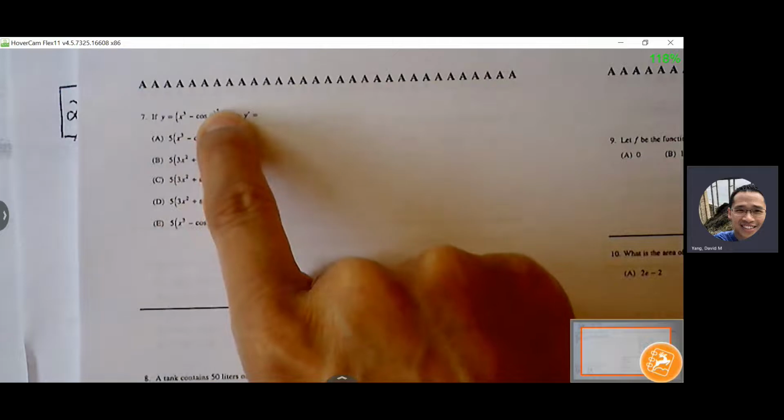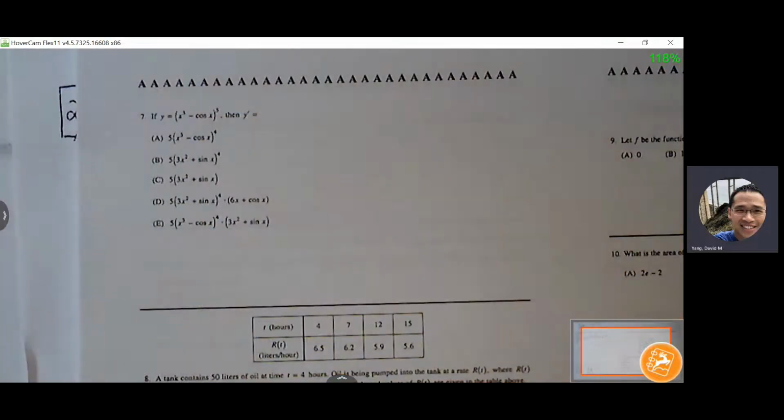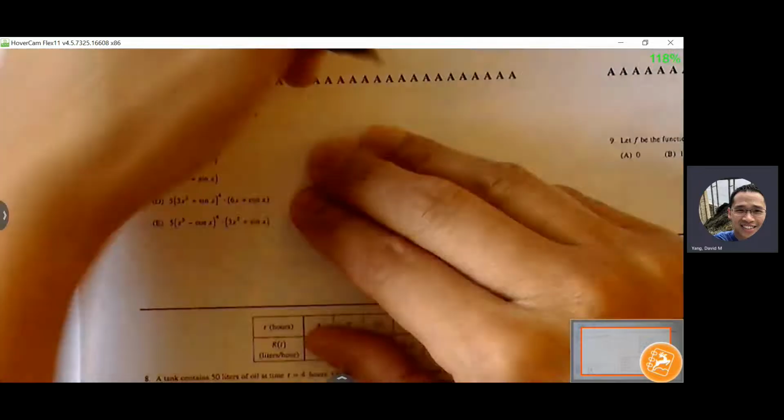Okay, we got a function within a function. I'd prefer not to multiply this out with that high of an exponent. We're just going to go through chain rule.